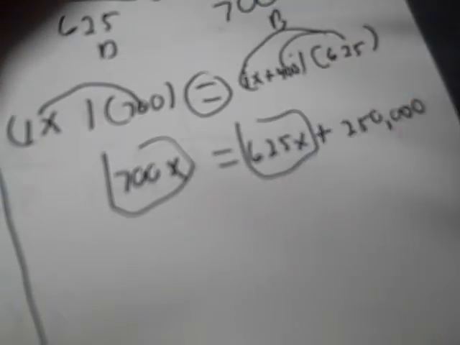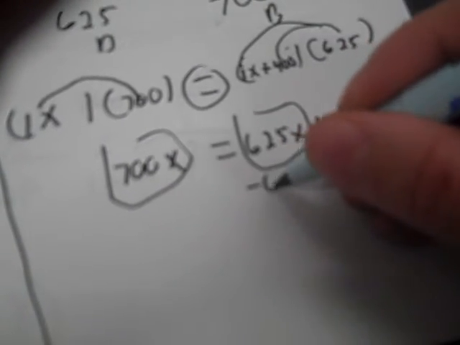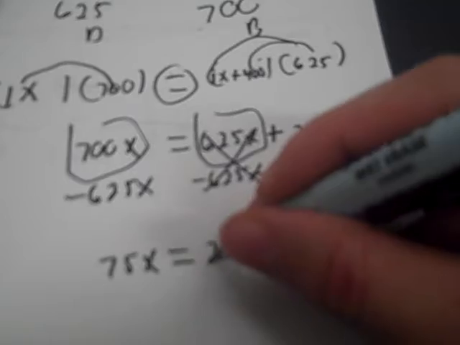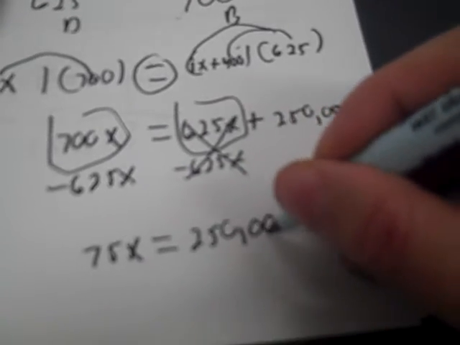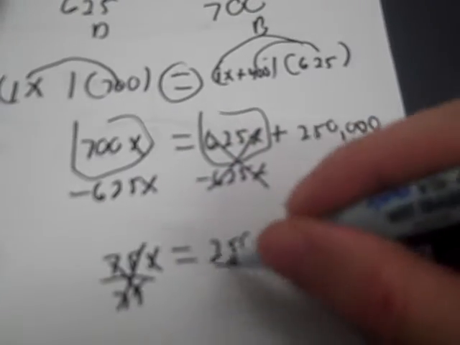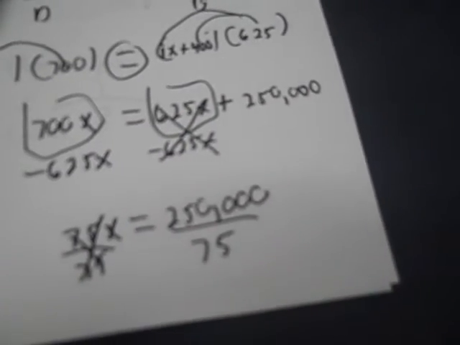Okay, so I box my x's. They're on opposite sides, so let's get rid of the 625x. So I have 75 times x on that side equals 250,000. So we just divide by 75, and that's going to be my answer. Okay.